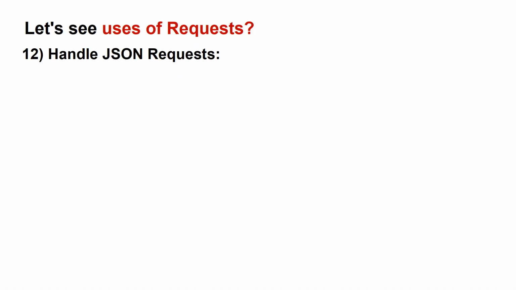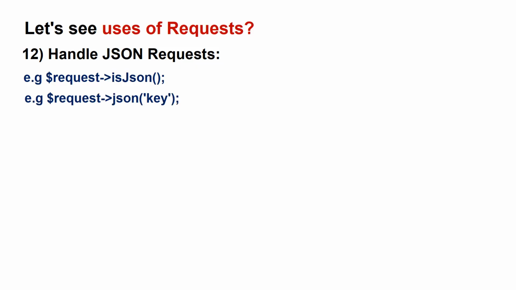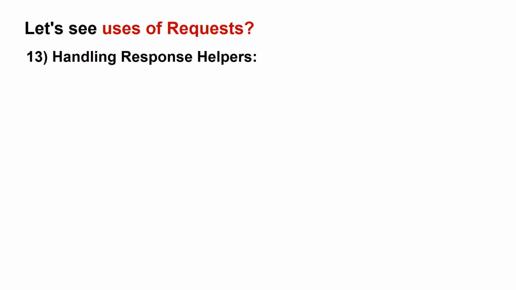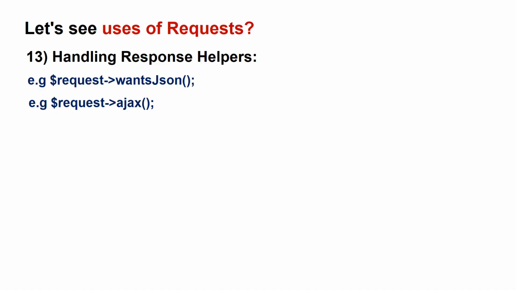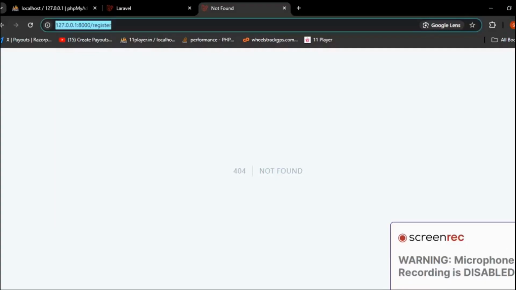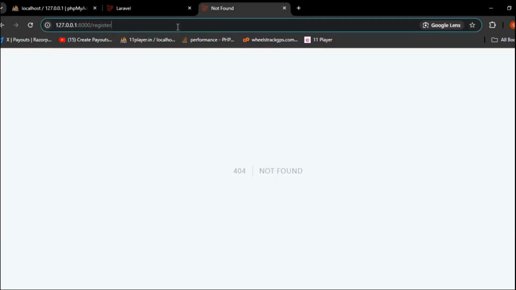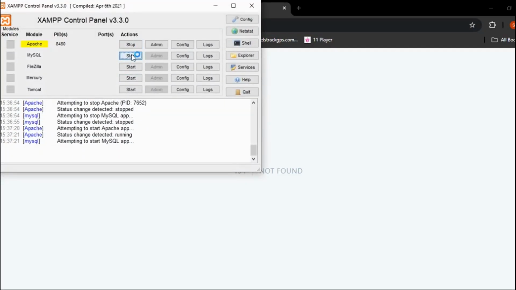Handle JSON requests, such as determining if the request is a JSON request and retrieving JSON data from the request body. 13. Handling response helpers, such as determining if the request expects a JSON response and check if the request was made via AJAX.